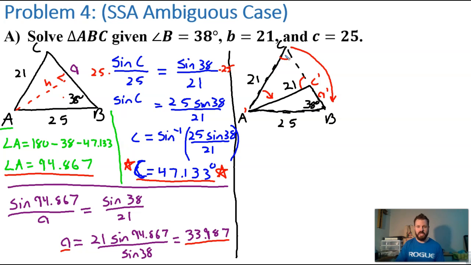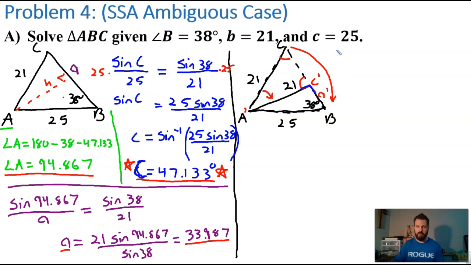So meaning this original C I found here of 47.133 is going to be the same as this angle here. This will also be a 47.133. Okay, so these two angles are congruent, and I know what that angle is. Okay, the new C I'm interested in right here is just the supplement of that 47.133. I'm going to make that blue here. That's the angle I want to find.